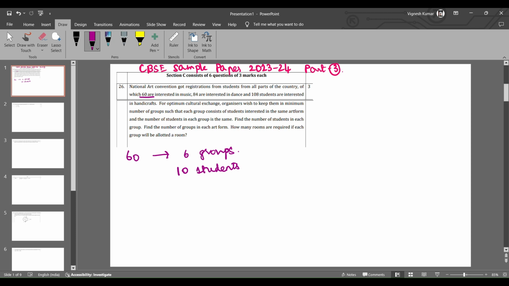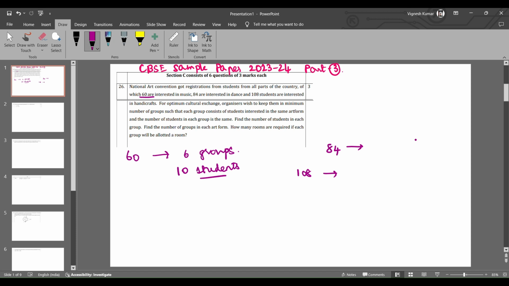Then the students of other interests should also be divided into groups of 10, right? Because they have given the number of students in each group should be same. So 84 also I should be dividing into certain groups in which all the groups should have 10 students, and 108 also I should be dividing into certain number of groups in which all the groups should have each 10 students.